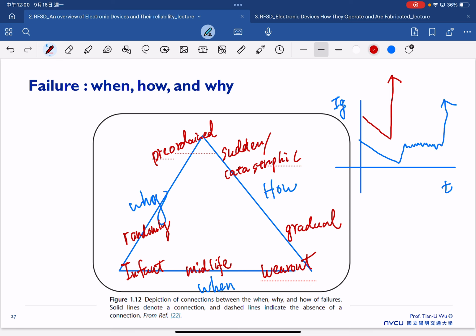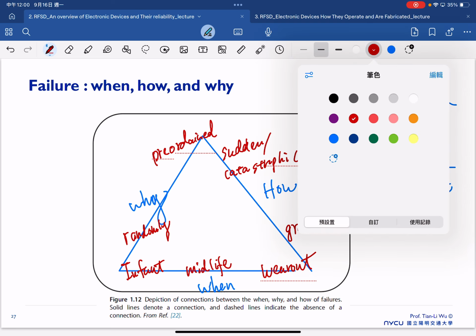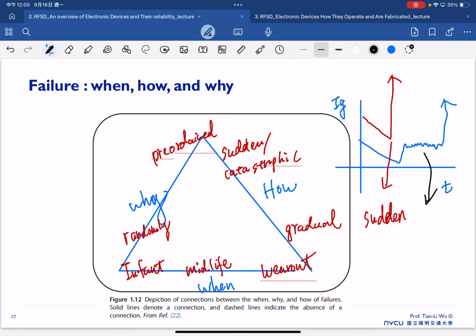So in this case, this is a sudden increase, and this is a gradual increase. So these all actually imply something. Careful observation of this curve can help us a lot to understand, because these two curves, no matter whether sudden or gradual, already tell lots of story that helps us understand why the device will fail.